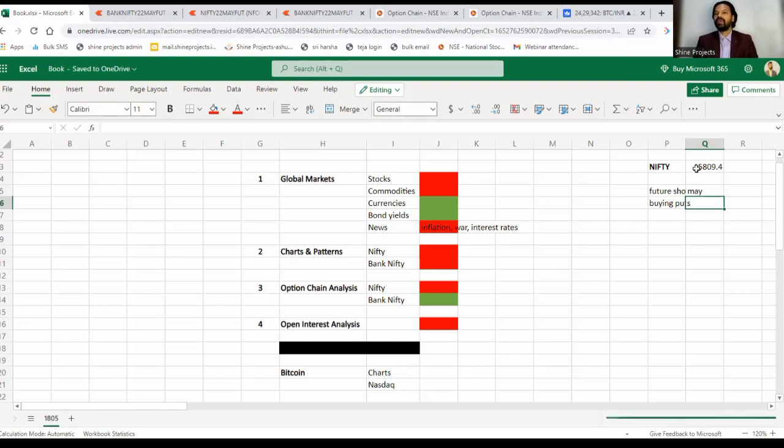So all I'm telling you is, if Nifty spot is at 15,809, we are looking at put buying at least 300 points away from the spot price. So we're looking at the 16,100 put buy, or the 16,200 put buy, or the 16,300 put buy.